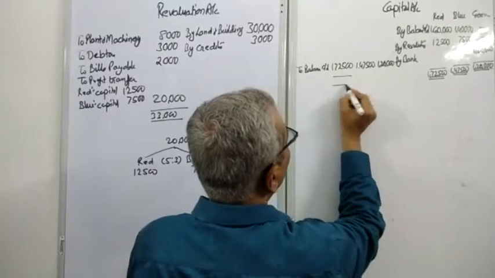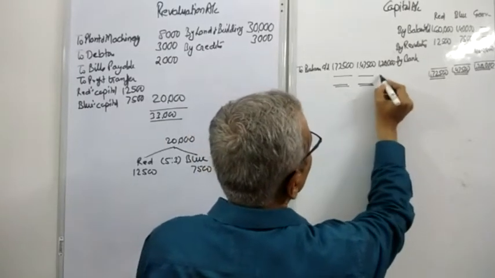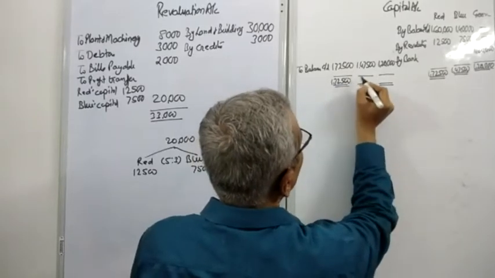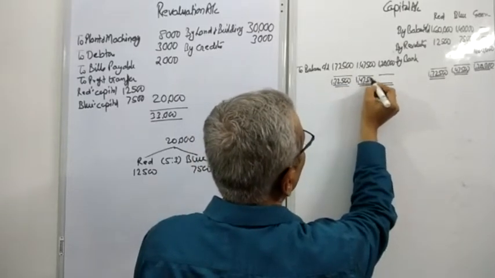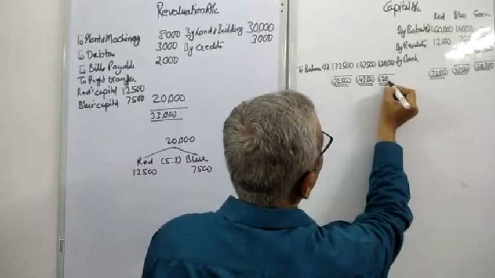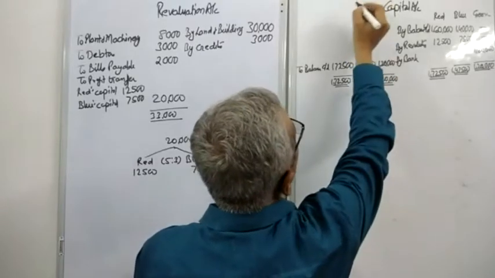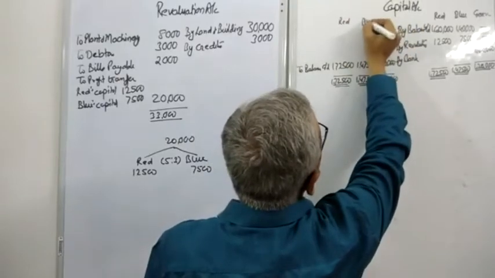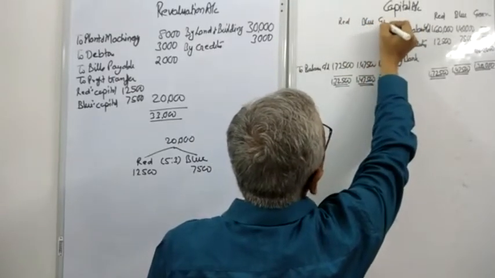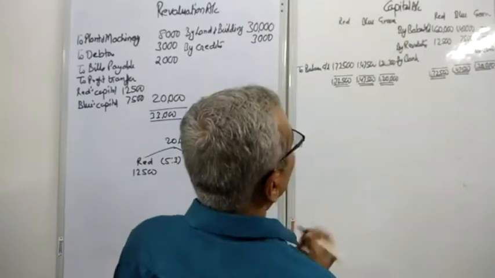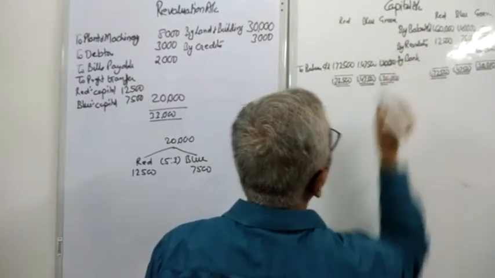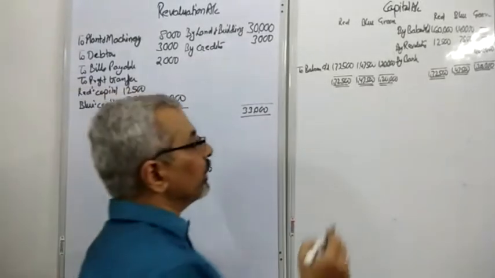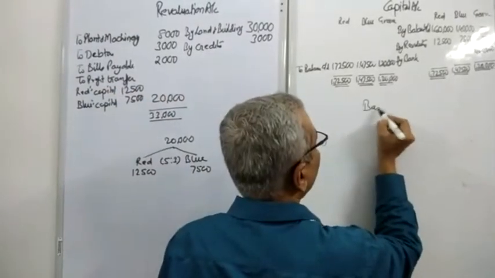So this is our capital balance. 1,72,500, 1,47,500, 1,20,000. The names of the three partners are red, blue and green. Now, after preparing the capital account, let us now move on to the balance sheet. Is it clear? So we'll move on to the balance sheet.